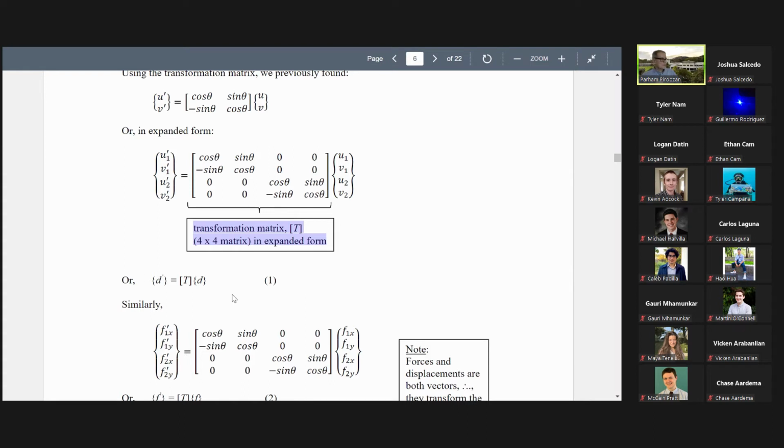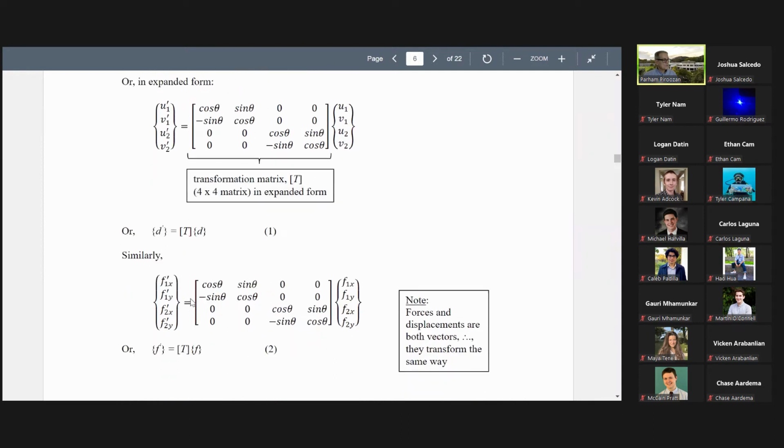You're right. So you can write this: D prime is equal to this transformation matrix times D. This is D. That's what we wanted, to relate prime and without prime. This is for displacement. Well, forces are also vectors, so they transform the same way.